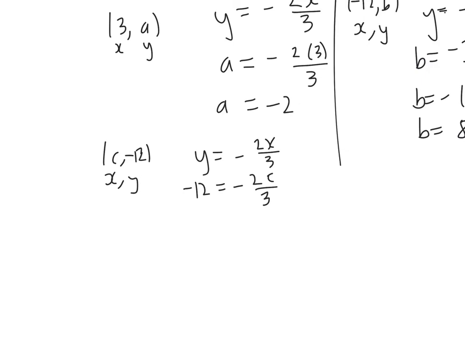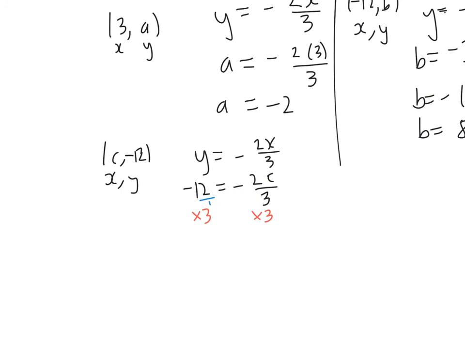I begin by multiplying both sides by 3, and that will get rid of the fraction here. You may want to think of it, because of what you've been doing a wee bit this year, as cross multiplying. We're multiplying negative 12 by 3 and 1 by negative 2c.